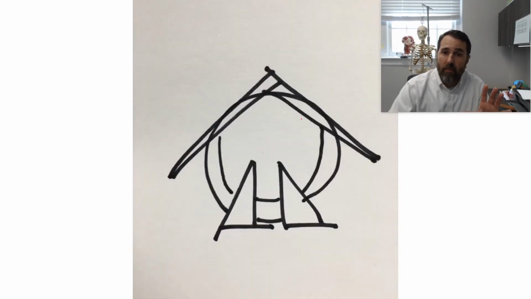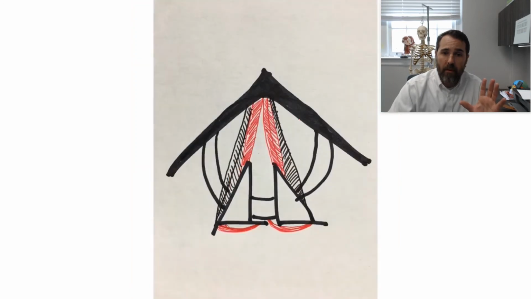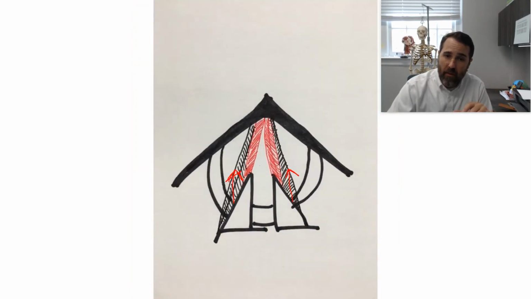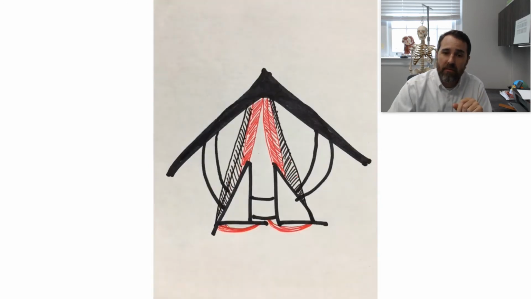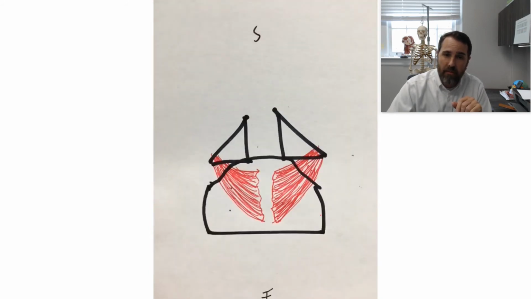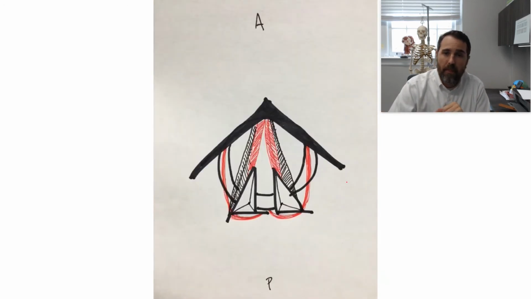So to review where we are, we have the thyrovocalis, which is a tensor of the vocal folds. We have the thyromuscularis to the side of that, which is a relaxer of the vocal folds. We have the posterior cricoarytenoid seen here in this image and seen here in this image, which is the lone abductor of the vocal folds.